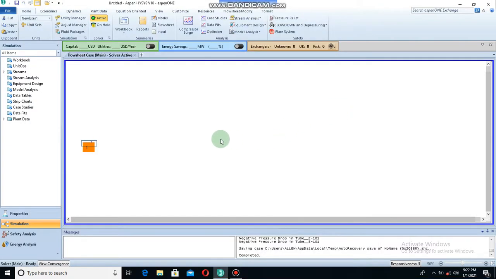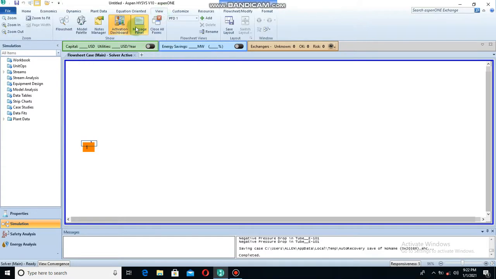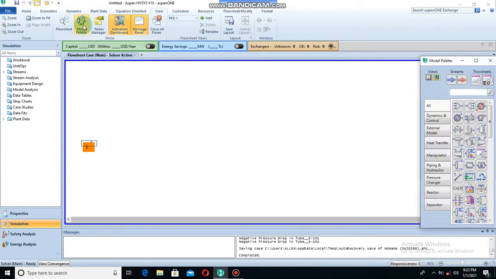So we'll want to compress propane to a particular pressure. This will make the process go a little bit faster.